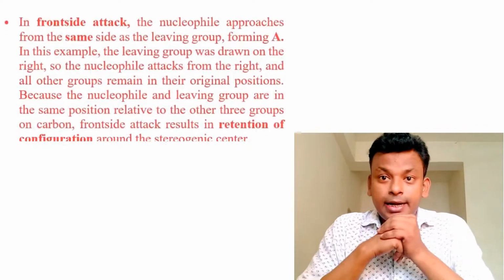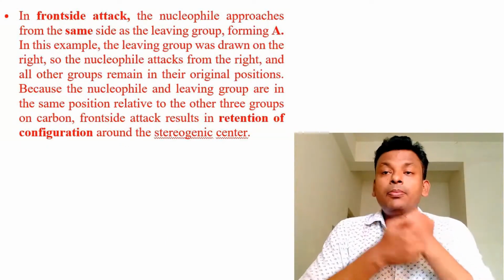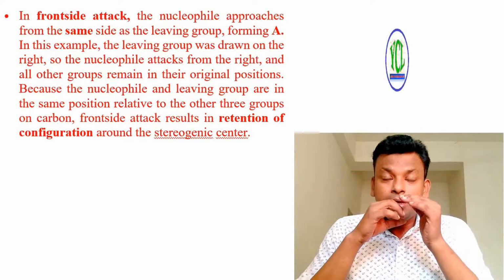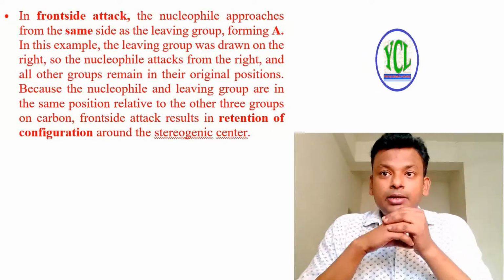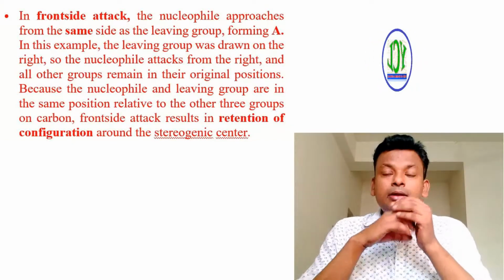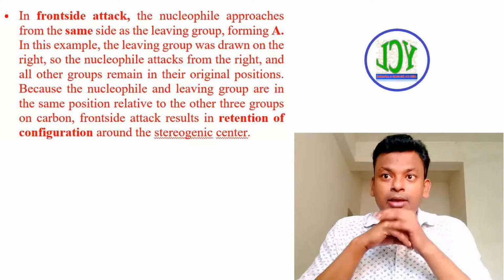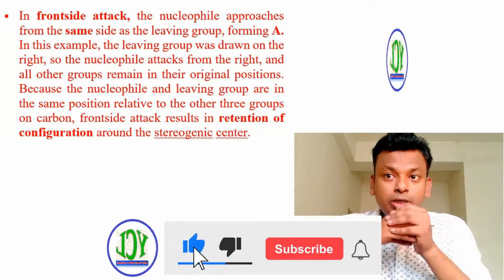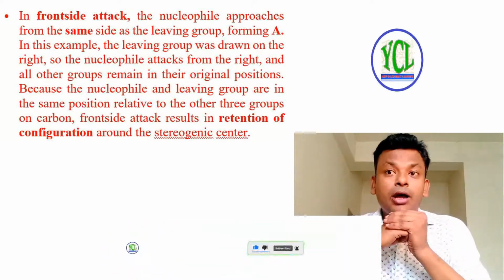In front side attack, nucleophile approaches from the same side as the leaving group, forming A. In this example, the leaving group was drawn on the right, so the nucleophile attacks from the right and all other groups remain in their original position, because the nucleophile and leaving group are in the same position relative to the other three groups on carbon.